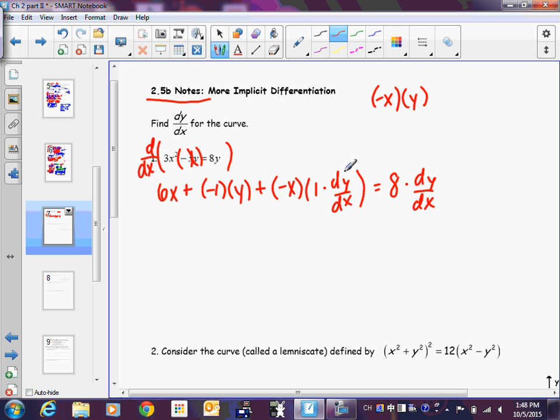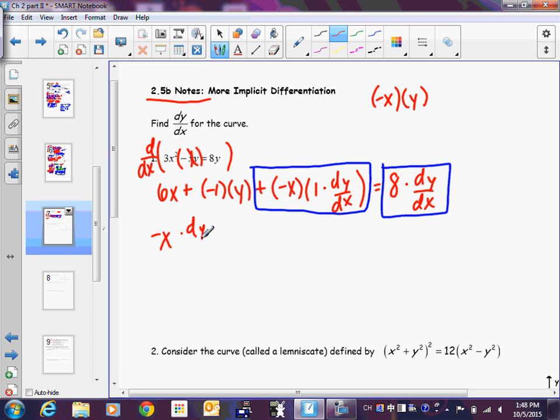Because again, we are deriving a y term. So notice that we didn't put dy over dx next to each y term. We did it when we took derivative of a y term. Okay, the next thing we had to do was to get all the dy over dx terms on the left, and then to kick everything else to the other side. So I'm going to go ahead and rewrite this big box as negative x times dy over dx.